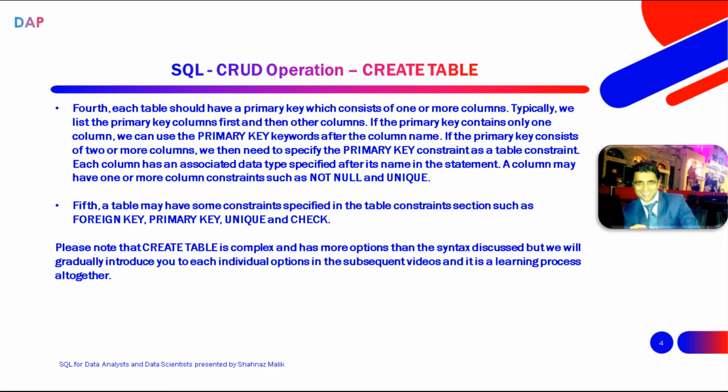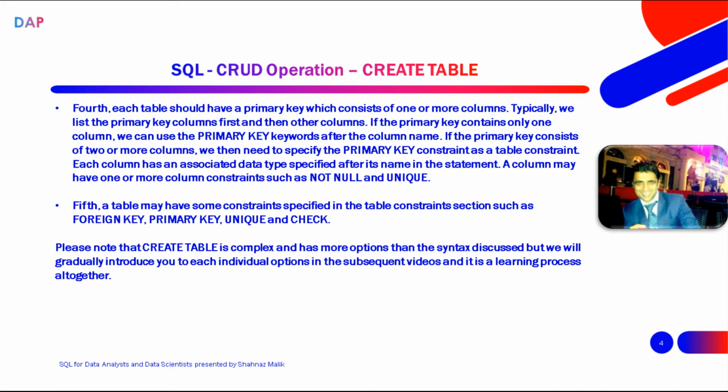For example, you can't have a person without a name, so at least you must have the first and last name of the person so that you could later identify them. If you create a customer table and you don't have first name, last name, middle name, then how could you know who that person is? So there need to be constraints such as NOT NULL and UNIQUE. More on this in coming videos.